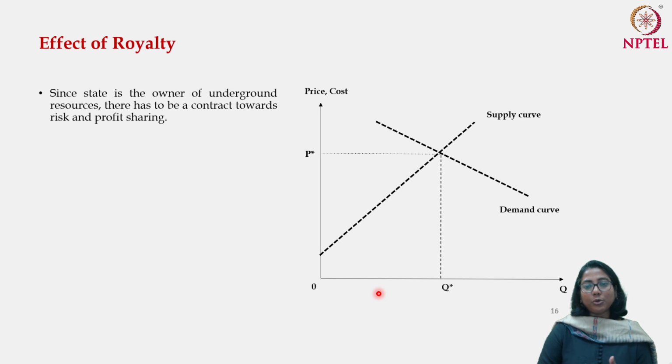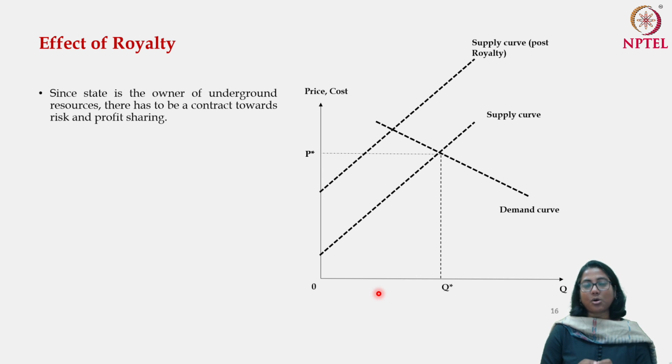So let us look at the mechanism of how the government implements a tax or royalty in order to get a profit sharing. Because you remember the underground resources are actually owned by the government, so I am asking for some rent because I am giving it to you in a contract.